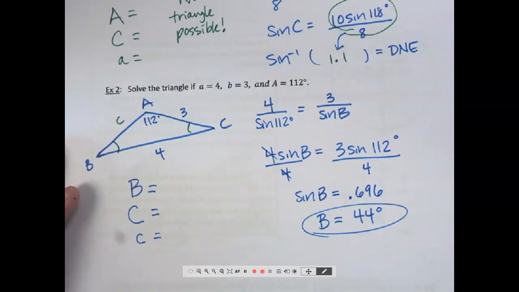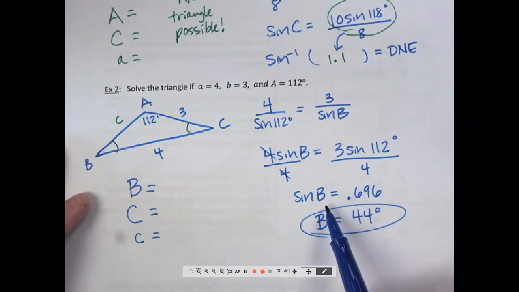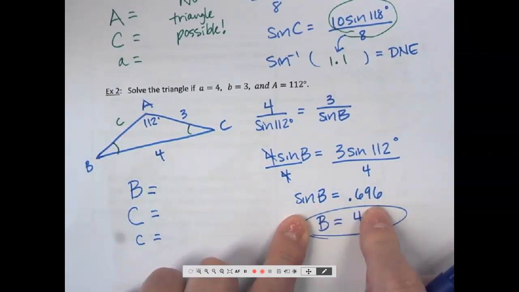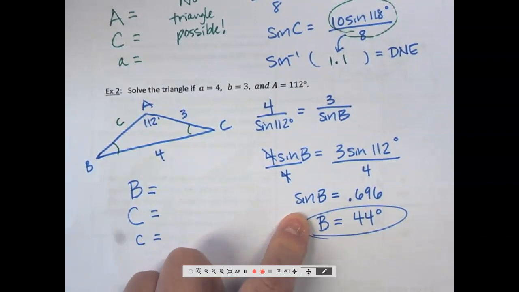Are you okay with that angle? Because remember, that's what sine of the angle equals. So we have to have the calculator match it up with an angle for us. Any other questions on that?